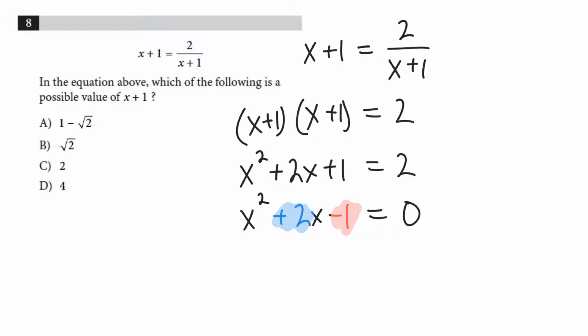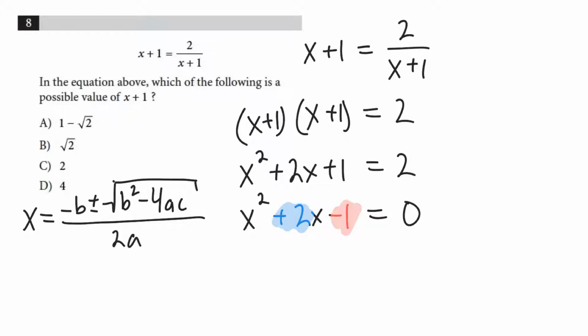Quadratic formula is x equals negative b plus minus the square root of b squared minus 4ac all over 2a. So in this case, a equals 1, b equals 2, and c equals negative 1.